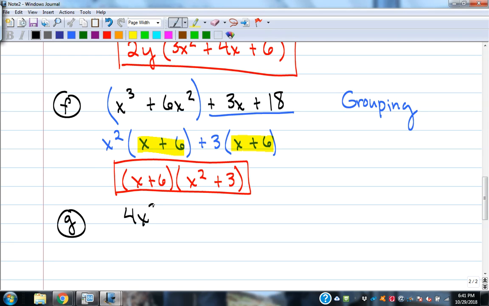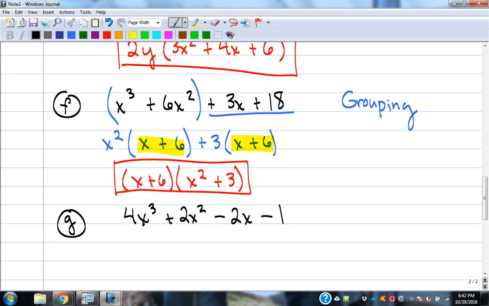Let's try this one. 4x to the third plus 2x squared minus 2x minus 1. Is it in the right order?